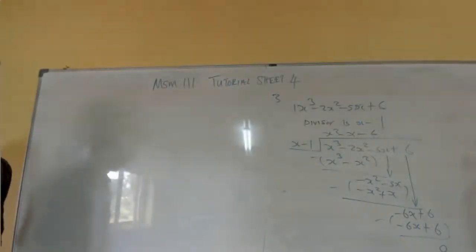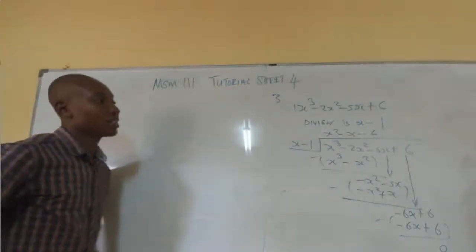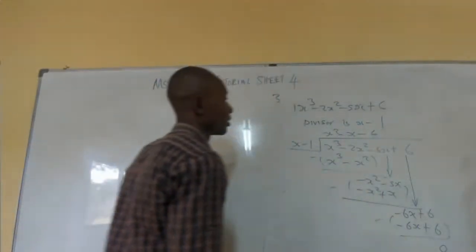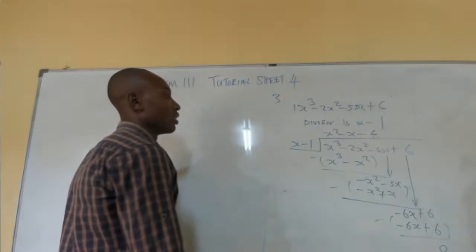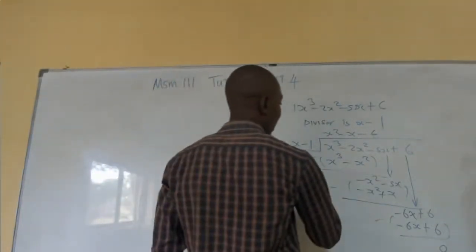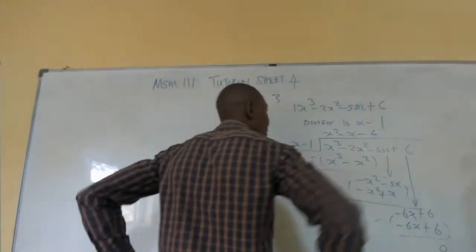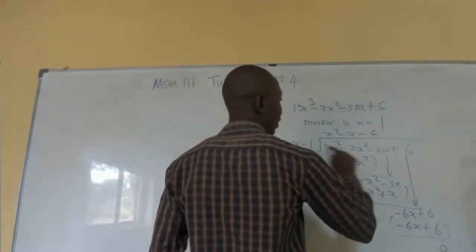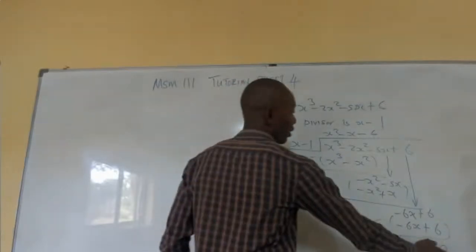What do you notice from that? This is the quotient, then we have x minus 1 as a divisor, and this is the dividend, then we have the remainder as 0.